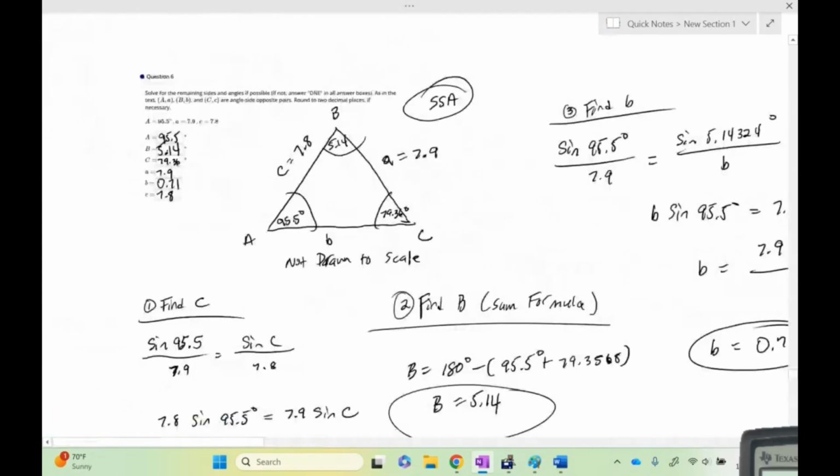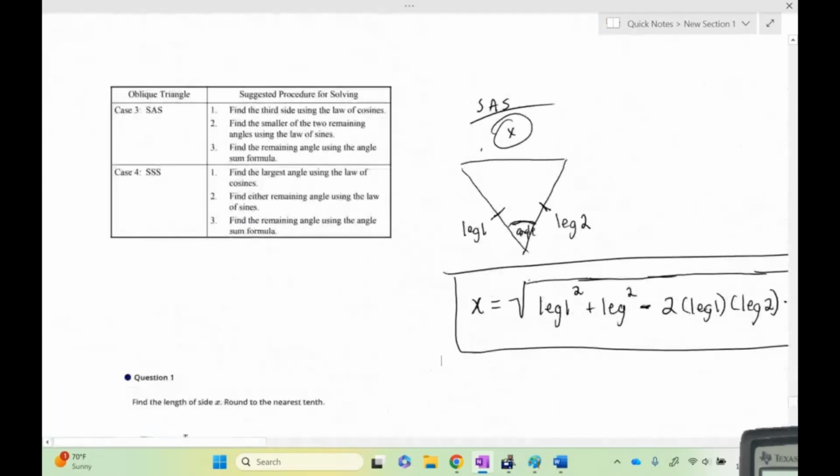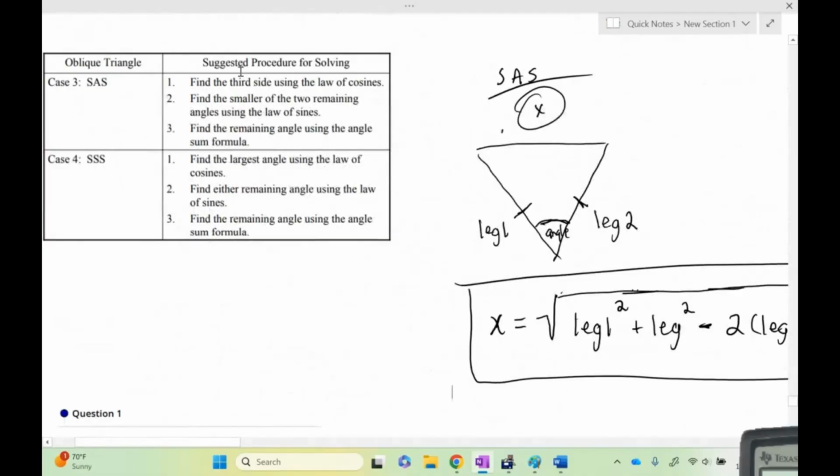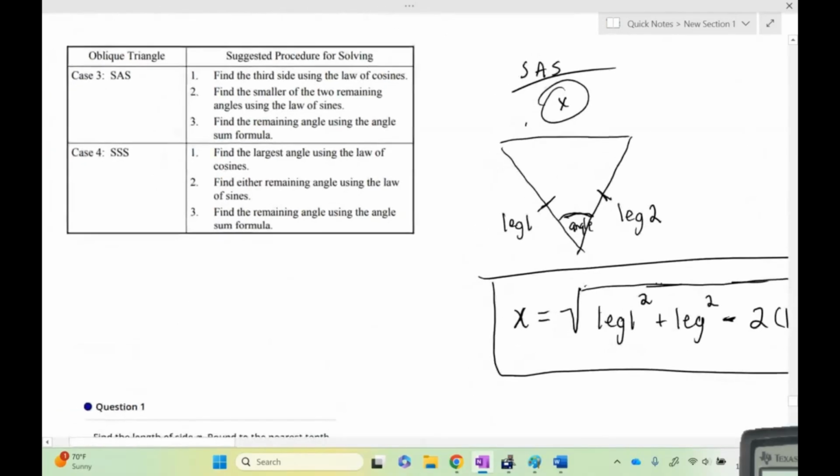Then it says, after you find the third side using the law of cosines, you should find the smaller of the 2 remaining angles using the law of sines.